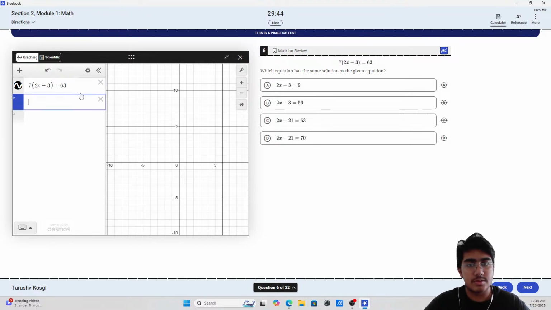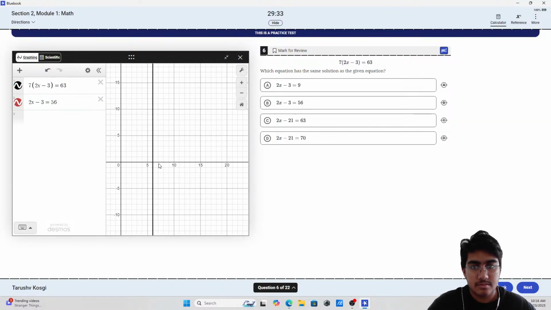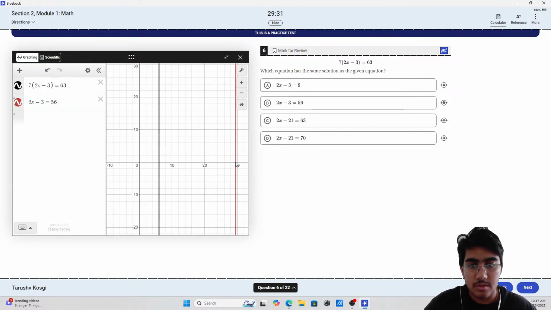So same solution. Can I copy these? No, I can't. No. Let's see if there's a connection. So I guess it's this divided by 2.